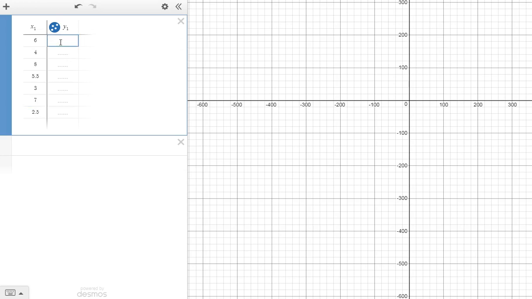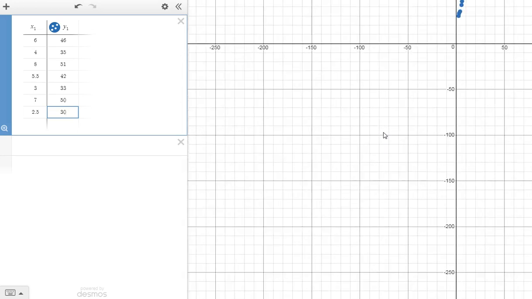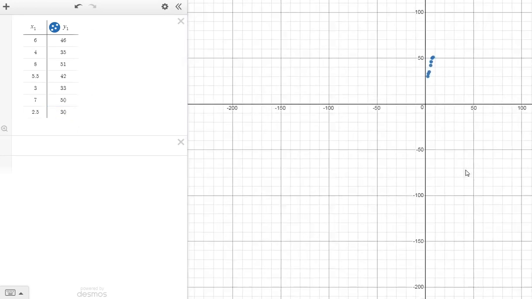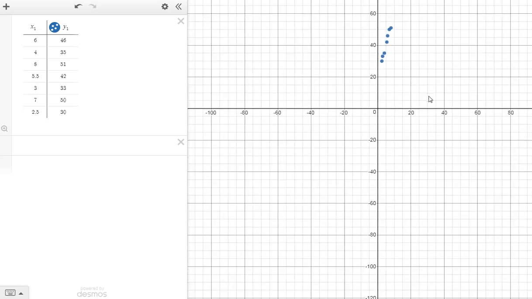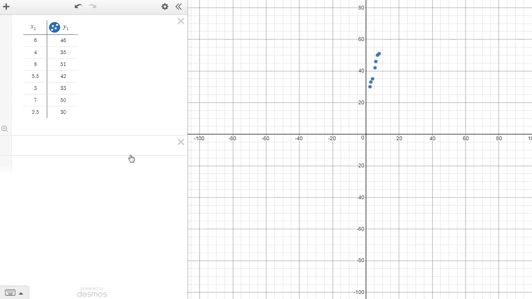And my Y values: 46, 35, 51, 42, 33, 50, and 30. And again, you can see all the data right there. If I zoom in on them, you can see how this shifts around a little bit. Again, positive correlation is what we're looking for.